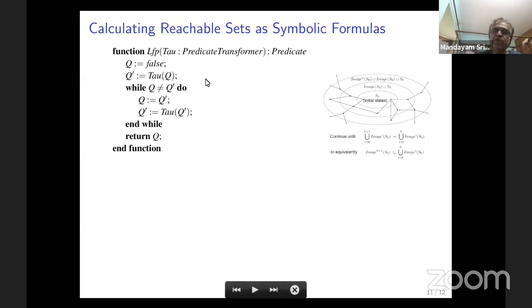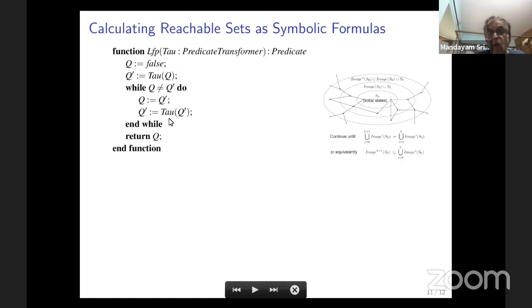That's a predicate, which is a Boolean function. Each of these is a Boolean function, and what you're doing in each iteration is transforming that Boolean function. And that's what it is. You do that until you reach a fixed point of that function.